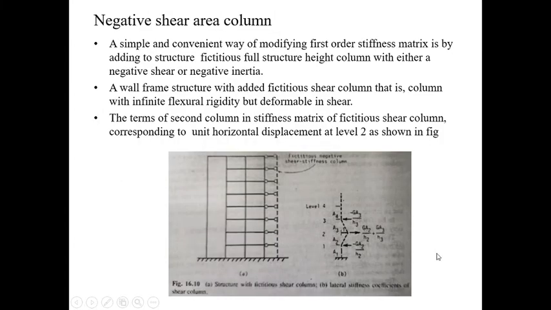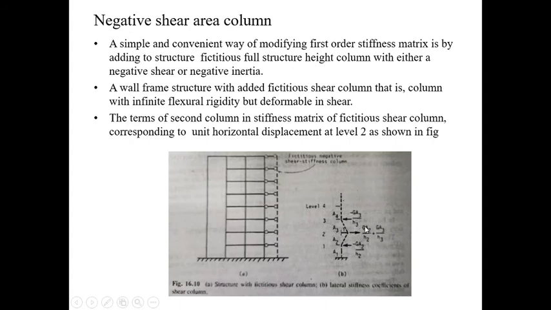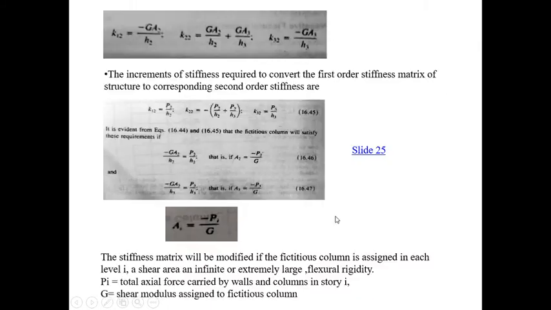So when you consider K12, it is minus GA2 upon H2 at this floor. Then K22 will be equal to GA2 upon H2 plus GA3 upon H3. And here it is at the second node floor there. K32 is equal to minus GA3 upon H3.